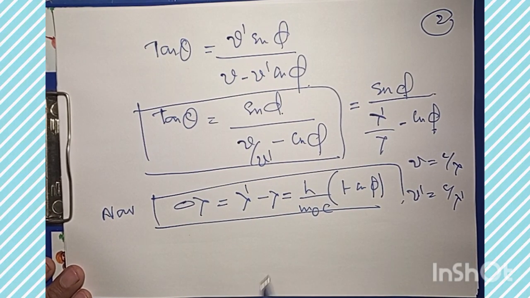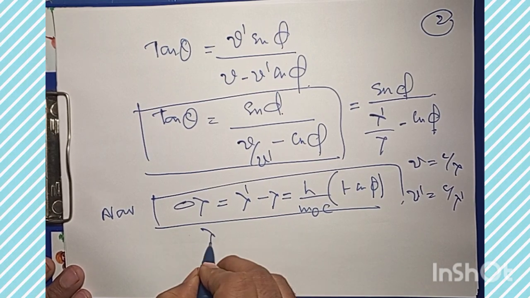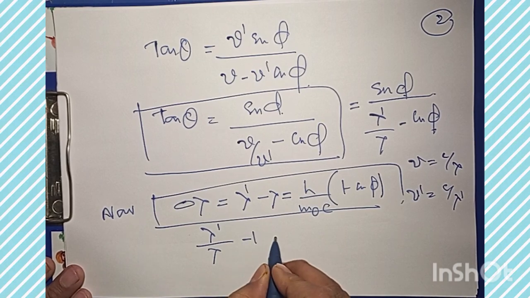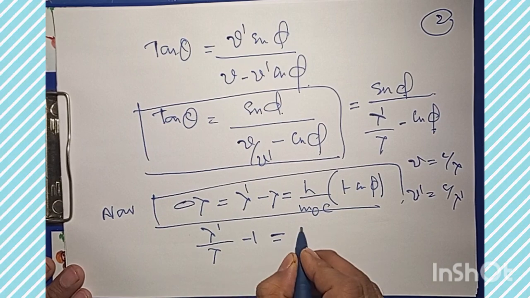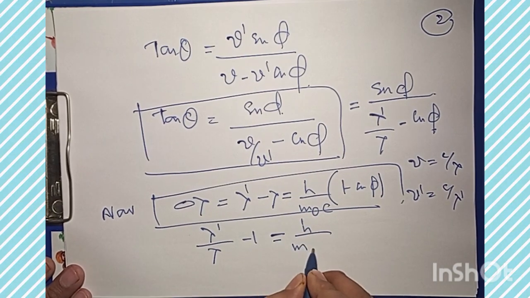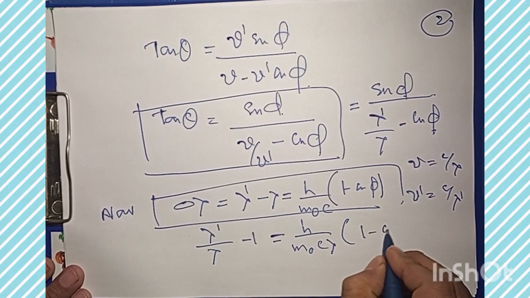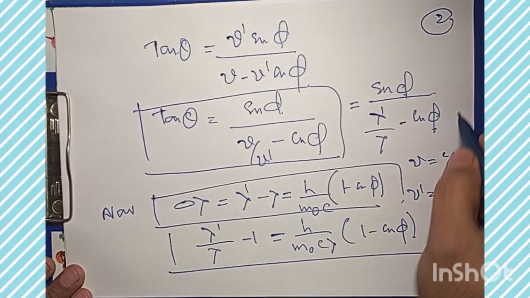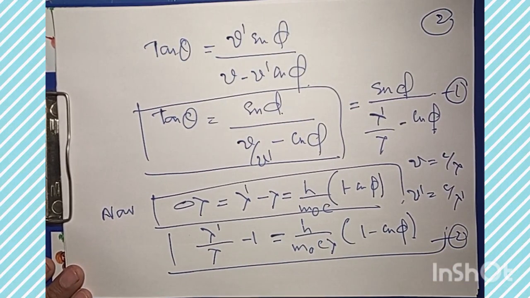And if I divide this equation by lambda, I'll get lambda dash by lambda minus 1 equal to h by (m naught c lambda) times (1 minus cos phi). All right, I should name this equation, say 1 for the time being, and let's see where we go.